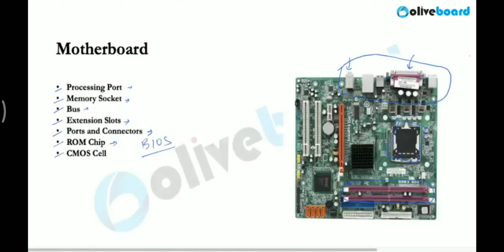Next thing we have here is called the CMOS cell, and a CMOS cell is also called the system cell. Now an important point is what is the full form of CMOS? CMOS stands for complementary metal oxide semiconductor.